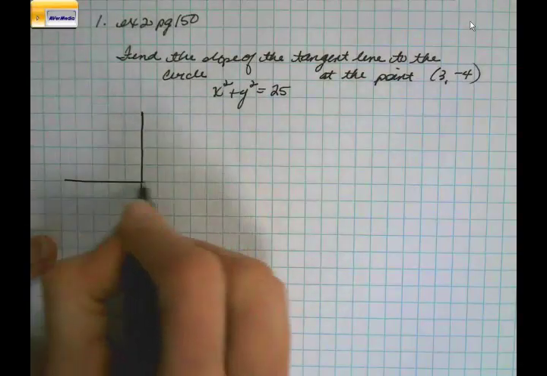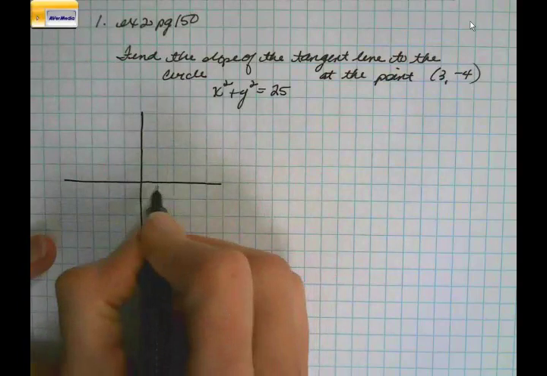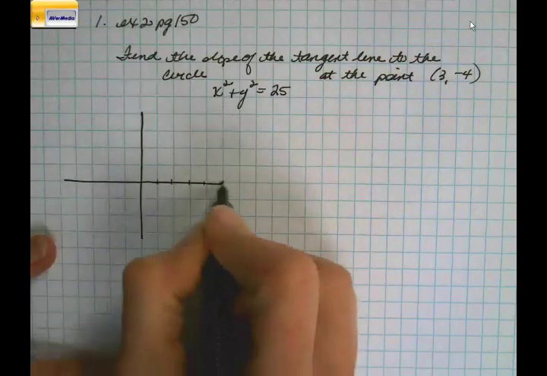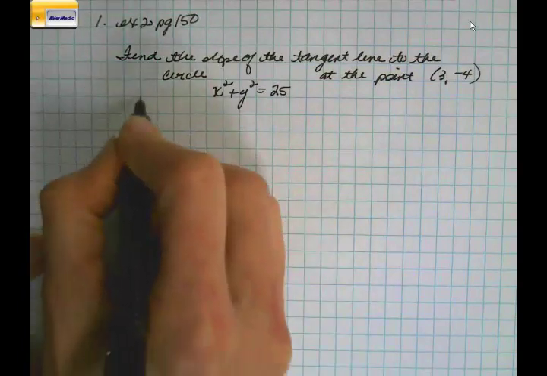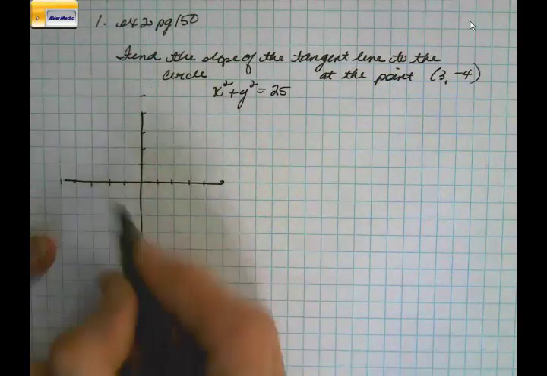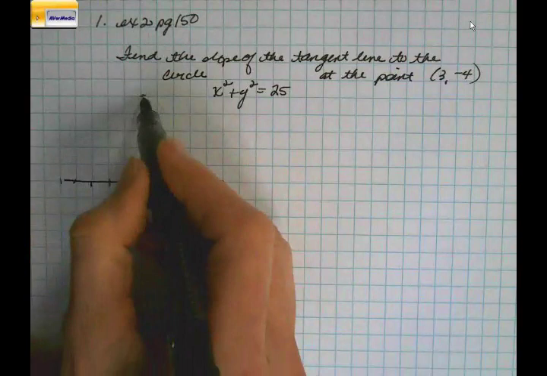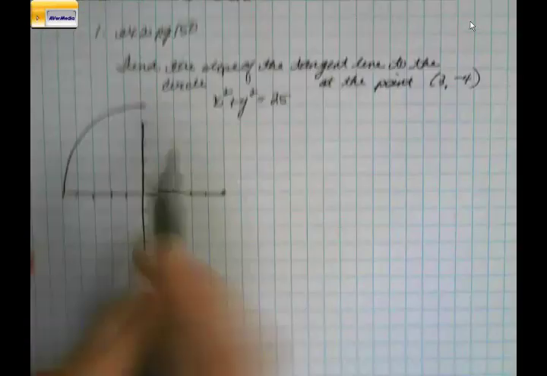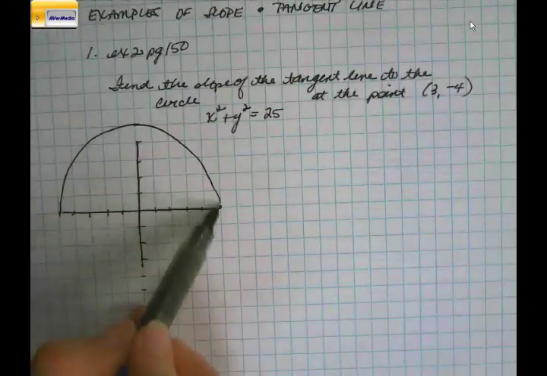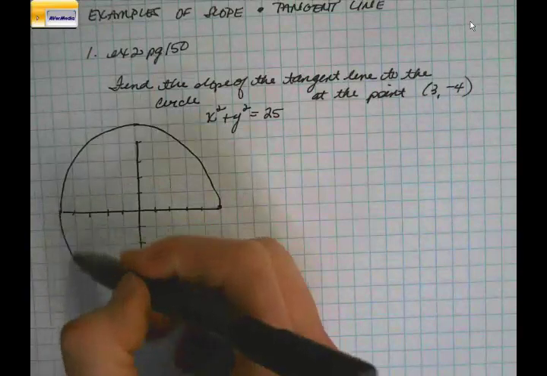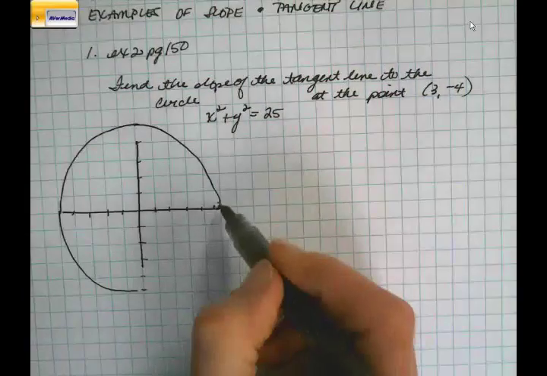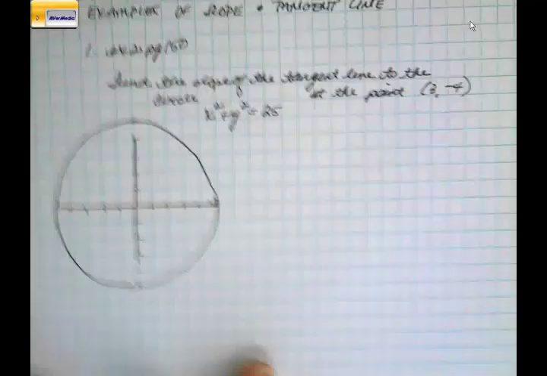This is a circle centered at the origin whose radius is 5. Oh, and I don't make circles well. 1, 2, 3, 4, 5. That's pretty good.